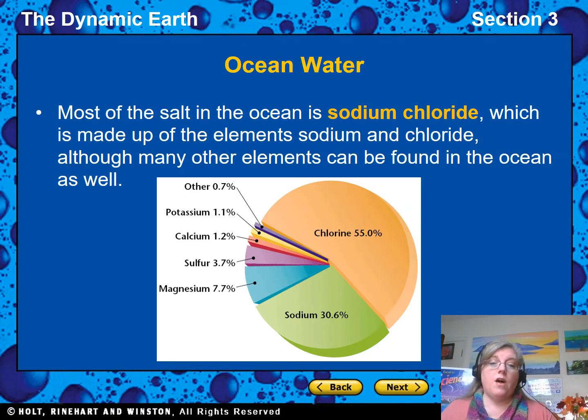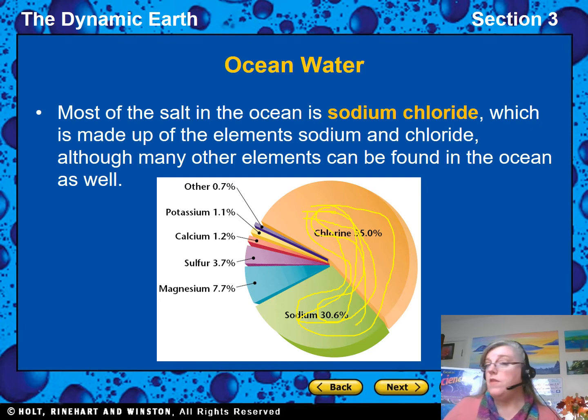Now, the salt that's in the ocean, most of it is sodium chloride. Okay, sodium chloride is the majority of the salt, and that's exactly the same salt that's on French fries. However, any of you guys who have been to the ocean know that that does not taste like French fry salt. That does not taste like table salt. If you've been to the ocean and you've accidentally gotten some in your mouth, it does not taste like table salt.